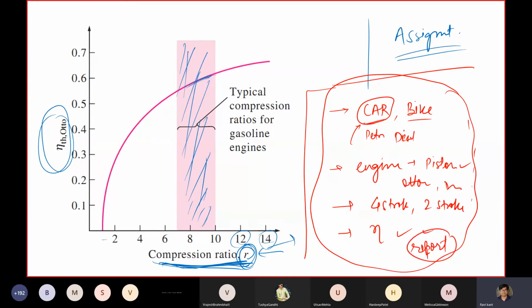Can you do that? When you are making the report, try to take a picture of your engine also. Take a picture of the engine and paste it in your report, that this is my engine. And also, if you are able to identify some of the components, try to do that.